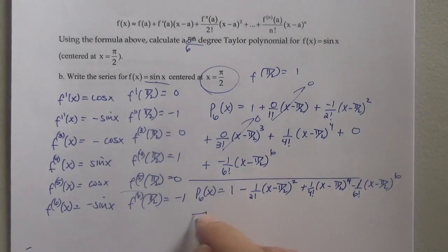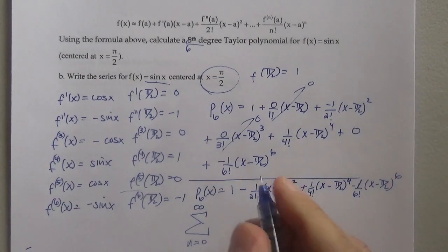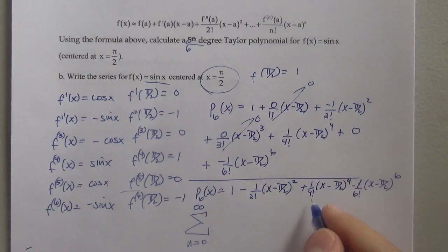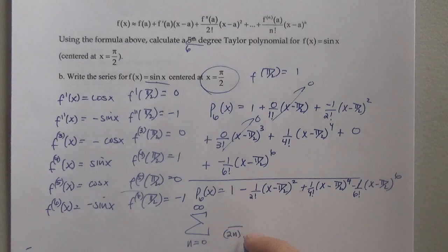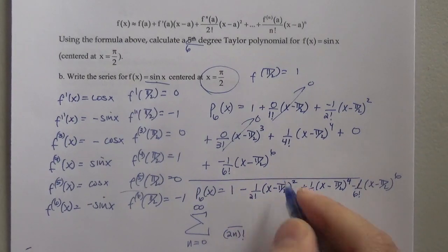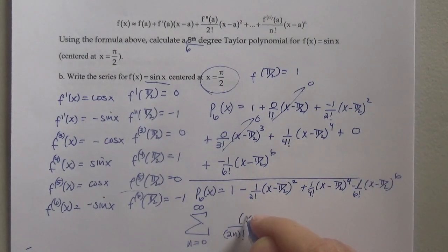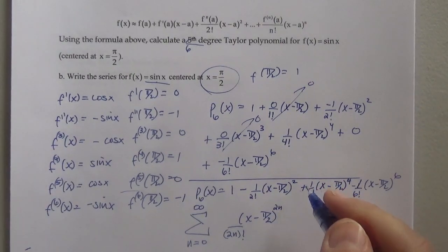So this is the Taylor polynomial. For the Taylor series, I write it out with the sigma. You typically start at n equals 0 and you go to infinity. Notice that I only have even powered terms here, so I'm going to have a 2n factorial, and then I'm always going to have an x minus the center, which is pi over 2, to the 2n.